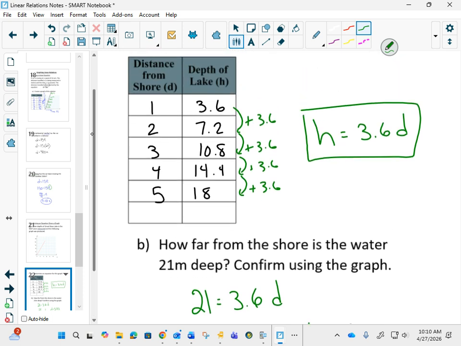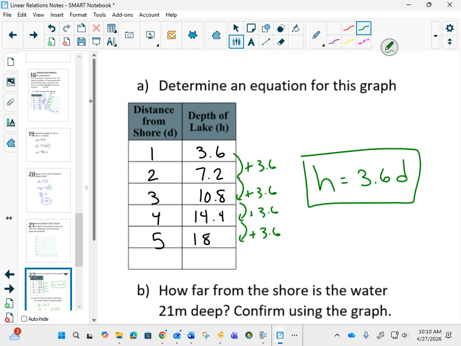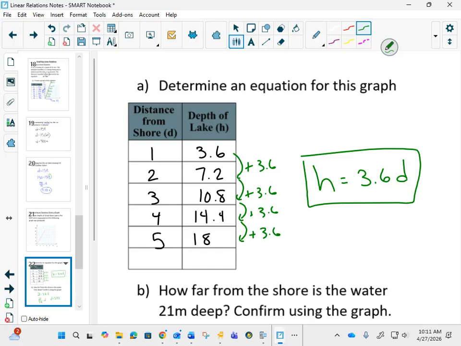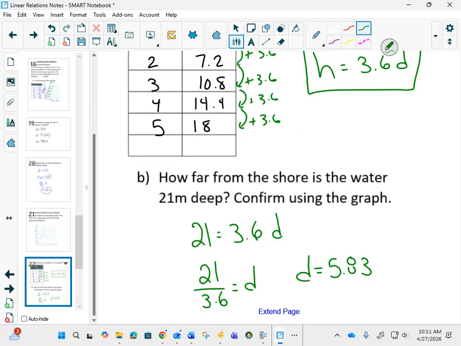What was our units? Distance from the shore, did it say our units originally? No, it didn't give us any units, so we don't have to write any units down.